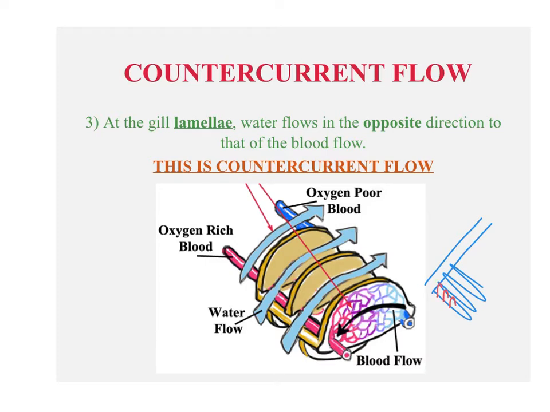Okay, as you can see in this diagram, we've got water containing oxygen maybe flowing from left to right, but the blood flow from deoxygenated, so let me just get a different pen colour, so deoxygenated to oxygenated has evolved to flow in the opposite direction.